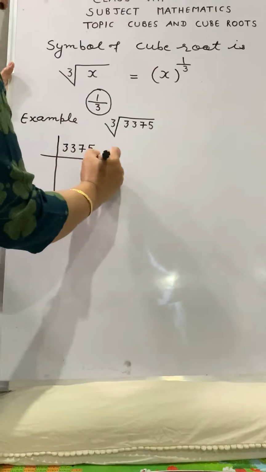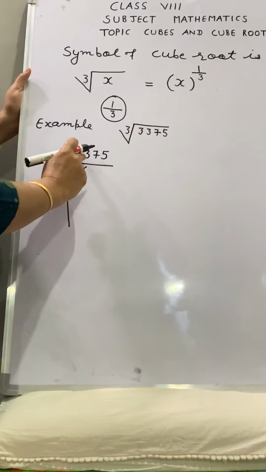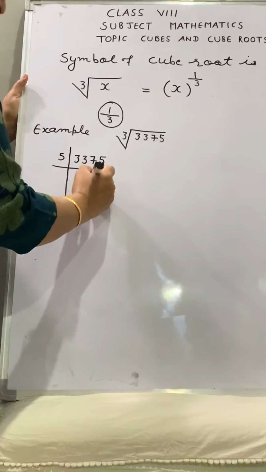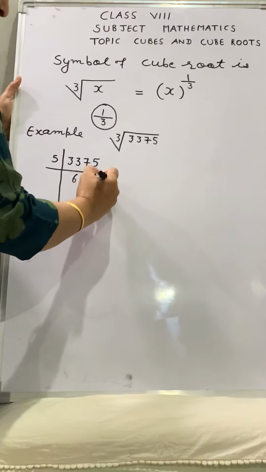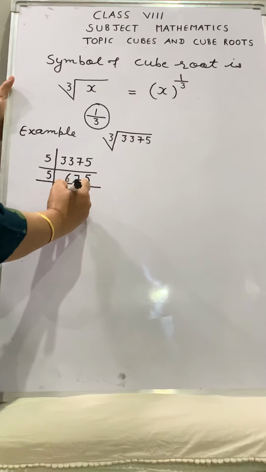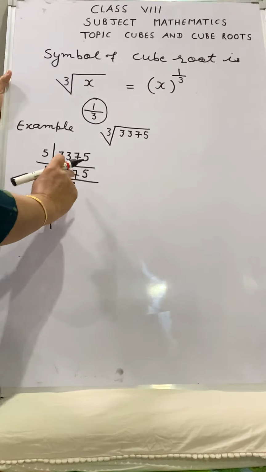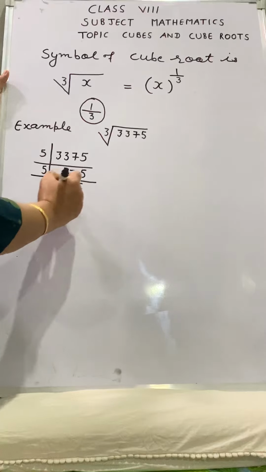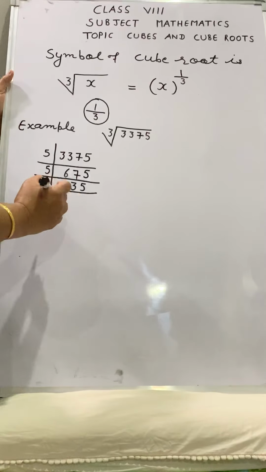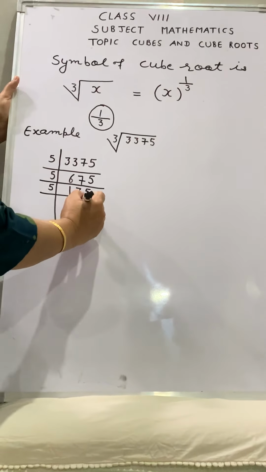It is divisible by 5 because the one's place digit is 5. 5 6s are 30, 3 remainder, 3 and 7 is 37, 5 7s are 35, 2 remainder, 2 and 5 is 25, 5 5s are 25. Again it is divisible by 5. 135 is the new dividend now. 5 2s are 10, 3 remainder, 3 and 5 is 35, 5 7s are 35.